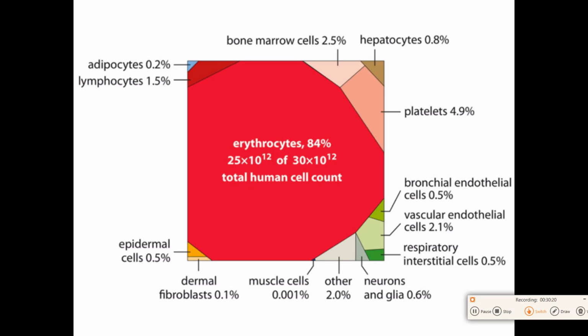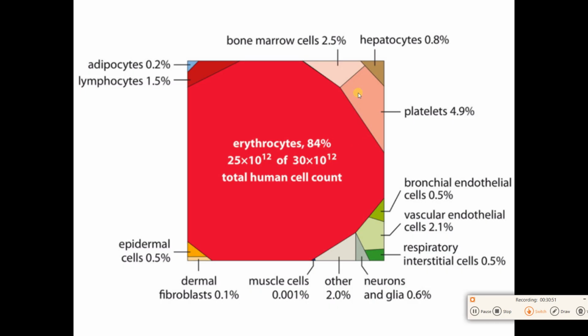Okay. Now we hinted at this a little bit ago, but red blood cells are a tremendously abundant cell. 25 times 10 to the 12th. Yes, I did my math right earlier. It's 25 trillion. You might have 30 trillion cells in all. And oh my God, 84% of your cells are red blood cells.